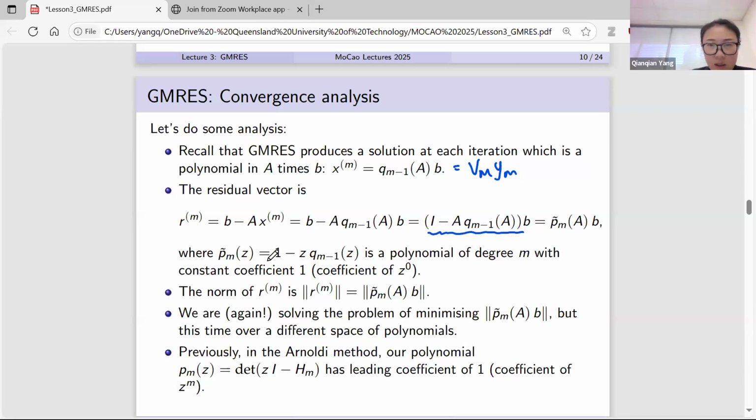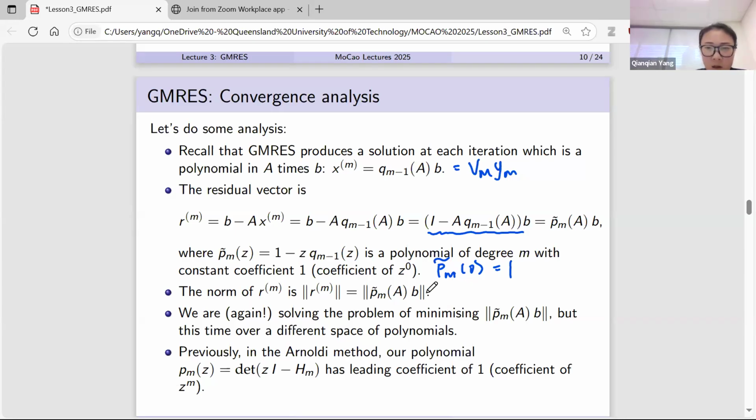So this Pm is really 1 minus Z Qm minus 1 of Z. So this is a polynomial of degree m, and this time it has a constant coefficient 1. So that means we have Pm of 0 is 1. Keep this in mind. This is quite important for GMRES. This is our GMRES property of our GMRES polynomial Pm.